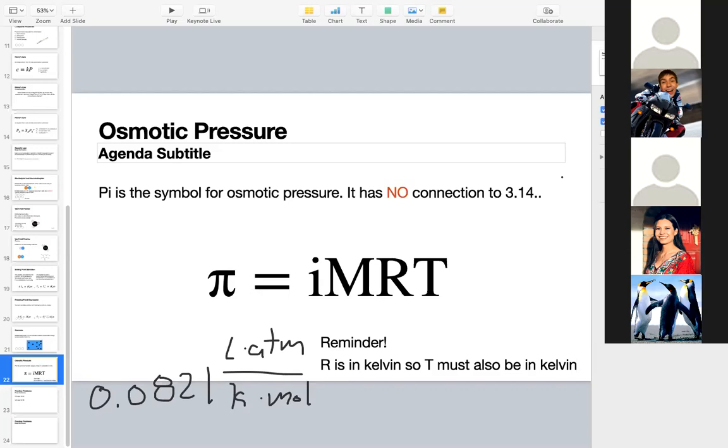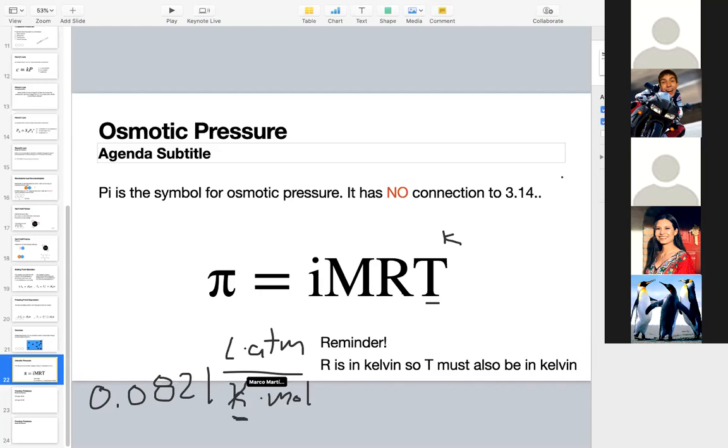Knowing this, we can see that if R is written in terms of K, once we do all the calculations, T must also be in K. That way, the K unit of T will cancel this.